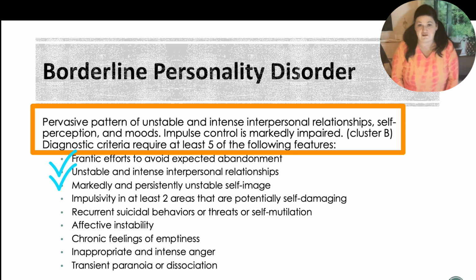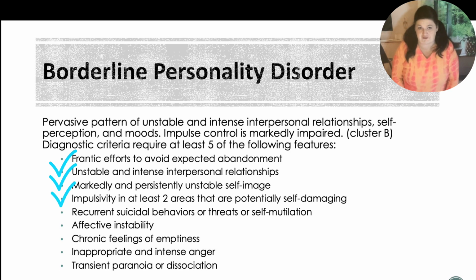Okay, you see that they act impulsively. They have affective instability, which is emotional instability, often abusing substances. They're sexually promiscuous, inappropriate, and have intense anger. So a lot of times you see drug abuse with these folks as well.